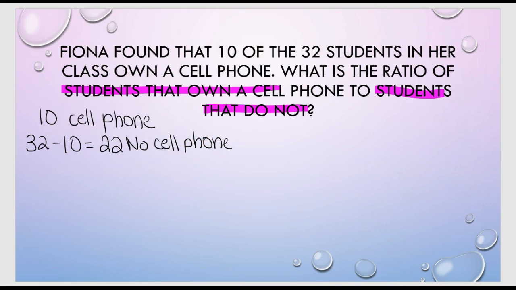Okay, so now we're doing students that own a cell phone, which is 10, to students that do not, which is 22, turning this into a fraction of 10 over 22. I'm going to divide this by 2 over 2 because that is my greatest common factor. And we get 5 over 11.